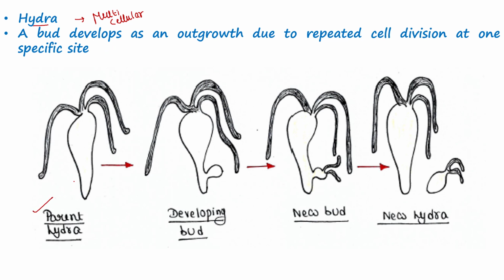So this is the parent Hydra, and here in this part continuous cell division occurs, just like a tumor cell, and this is now called a bud. Since this part is swollen, this new bud gets separated from the mother and matures into the new organism, or you can say the new Hydra.